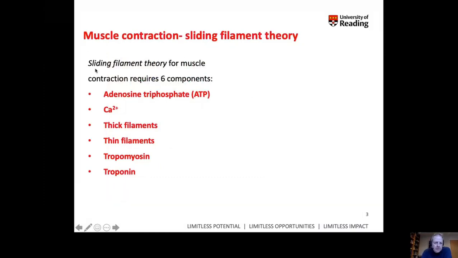So let's consider the sliding filament model, the sliding filament theory for muscles in a little bit more detail. Contraction requires 6 components. There's a little mnemonic that you can remember, ACT 4. So A is for ATP, adenosine triphosphate, C is for calcium, and then 4 components beginning with T, that's the mnemonic ACT 4.